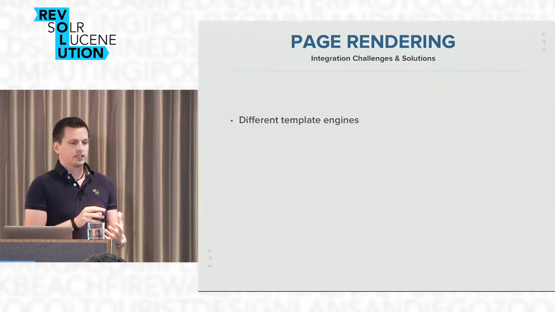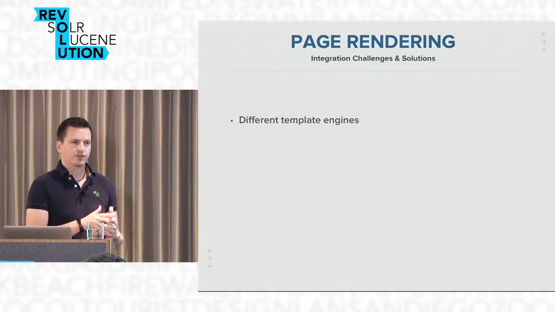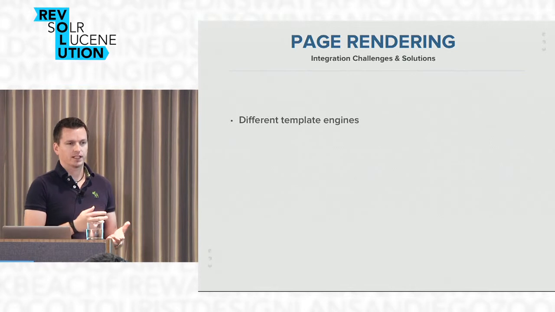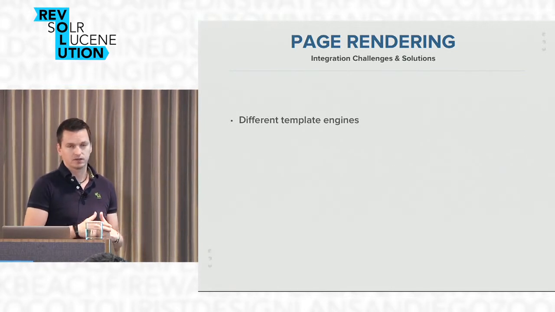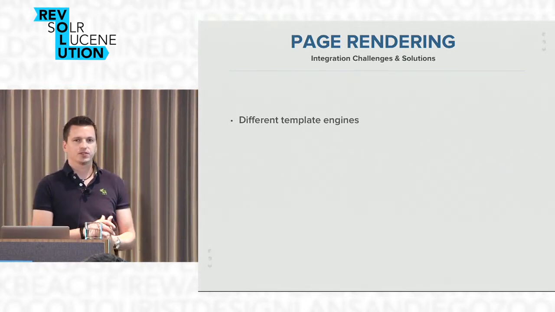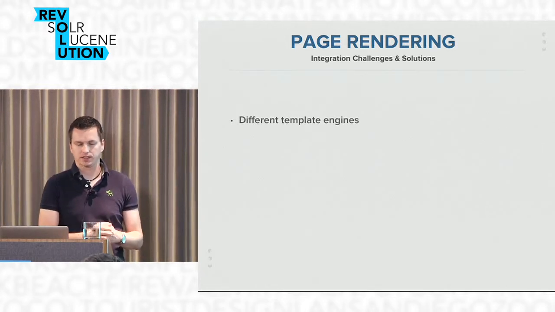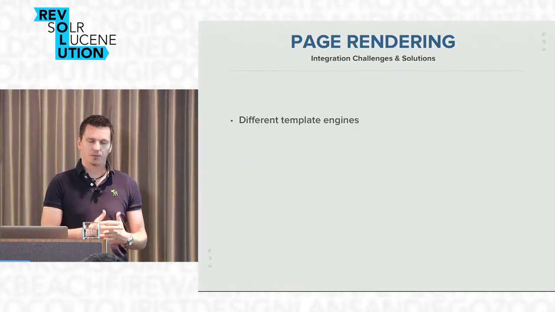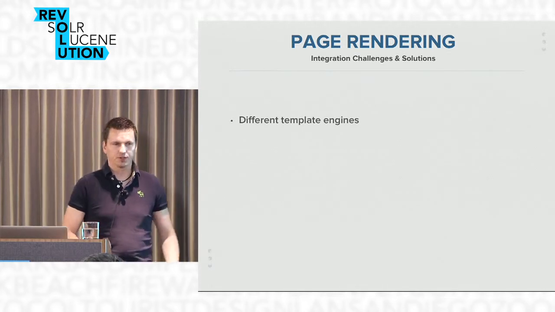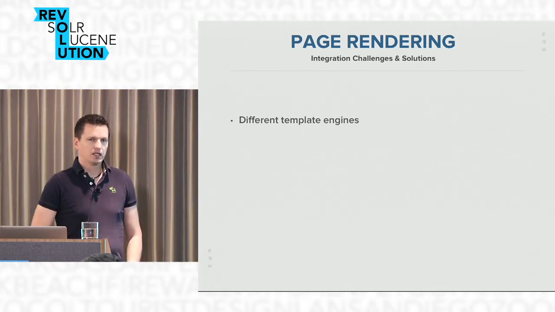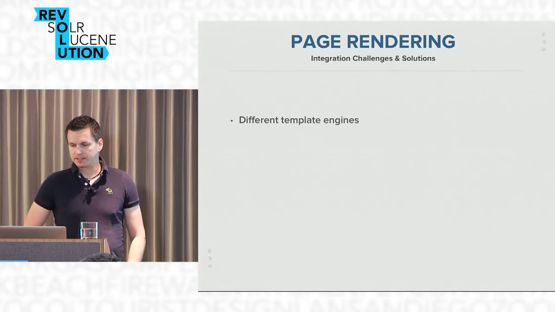In the community, there have been different templating engines. One comes with the core, of course, that we needed to support. But there are also alternative templating engines provided by the community. Some were more popular, some less. And of course, we wanted to support at least the popular ones too.